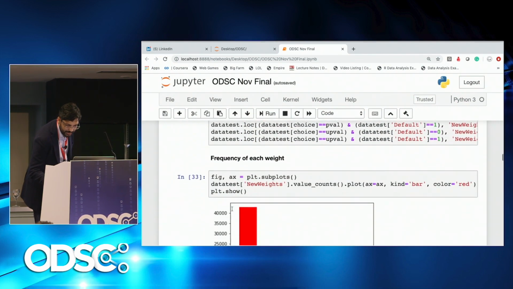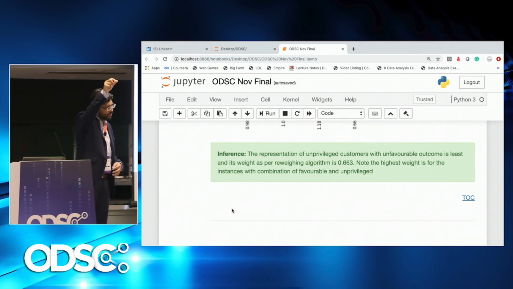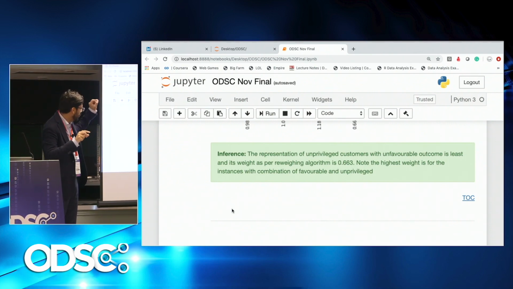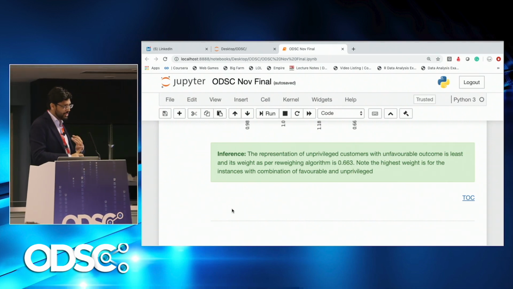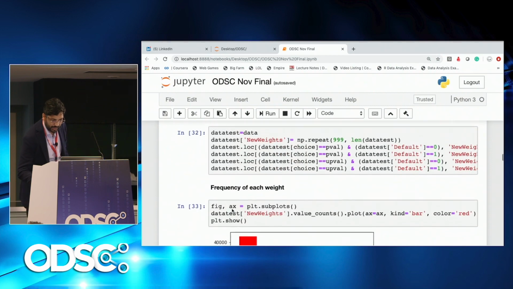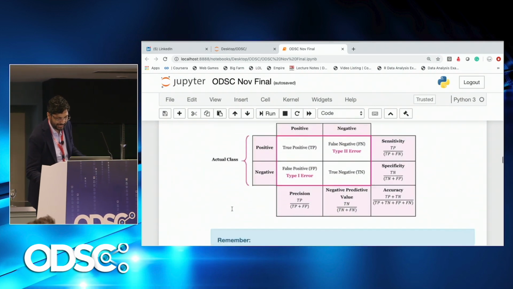Now how do I use this weight? I take all the rows, I create a new variable which is called new weights, and I'll paste those values against each of these rows. For any combination, whatever the combination is, I'll put those values against it. So I'm just creating a new feature. Neither am I changing my data, nor am I increasing my data, which is oversampling, nor am I decreasing my data, which is undersampling, but just adding a new column to the entire data set so that I can use it.